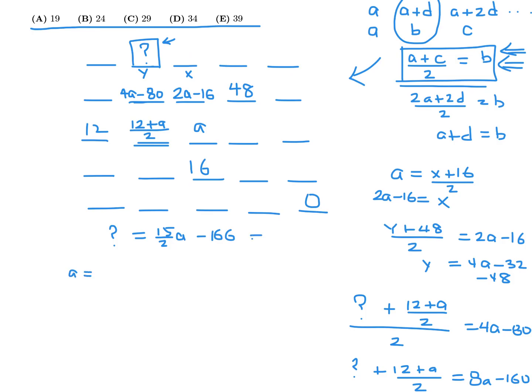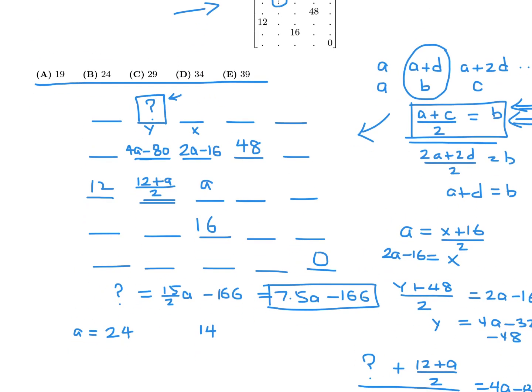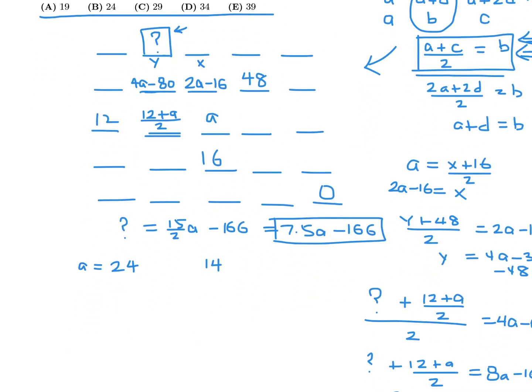Well, this is 7.5a minus 166. 10 would be 75. 20 would be 150. I've got to be more than 20, 22. Let's try 24. I think that's the first time it'll probably be positive. And if I sub a as 24, this becomes 14. Okay, 14 is not an answer.